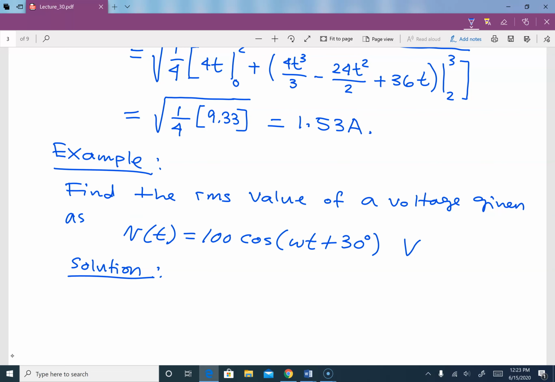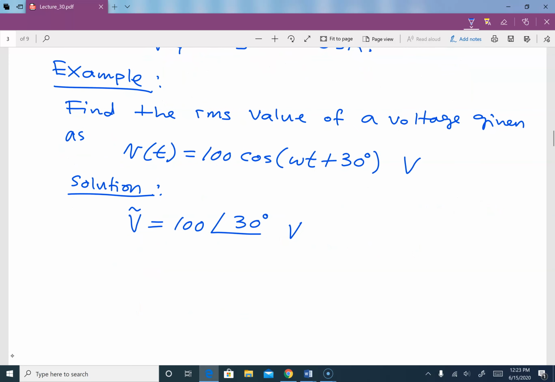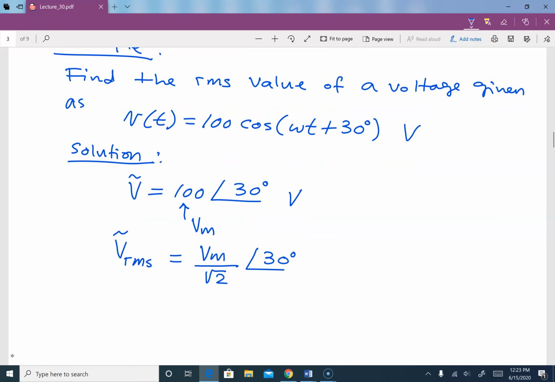If you look at this here, that is in time domain. So in phasor domain, that is equal to 100 with angle 30 degrees volts. So if you look at that, this value here is Vm, right? So our V RMS is equal to Vm over radical of 2, and that is with angle 30 degrees.